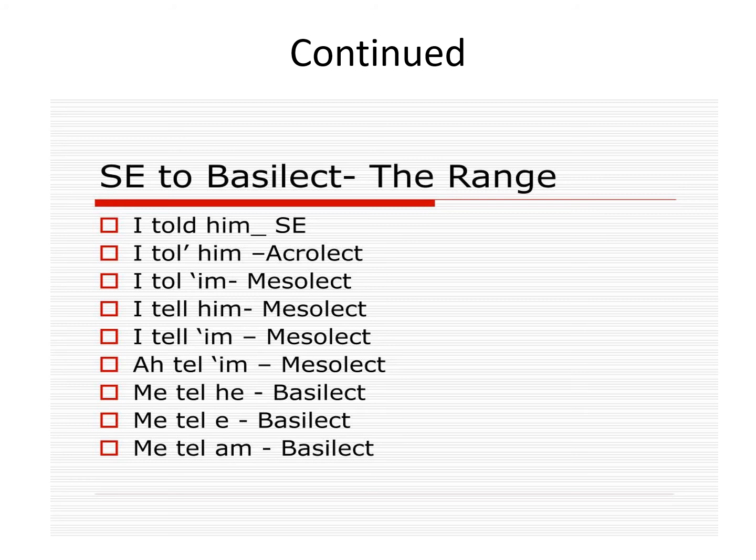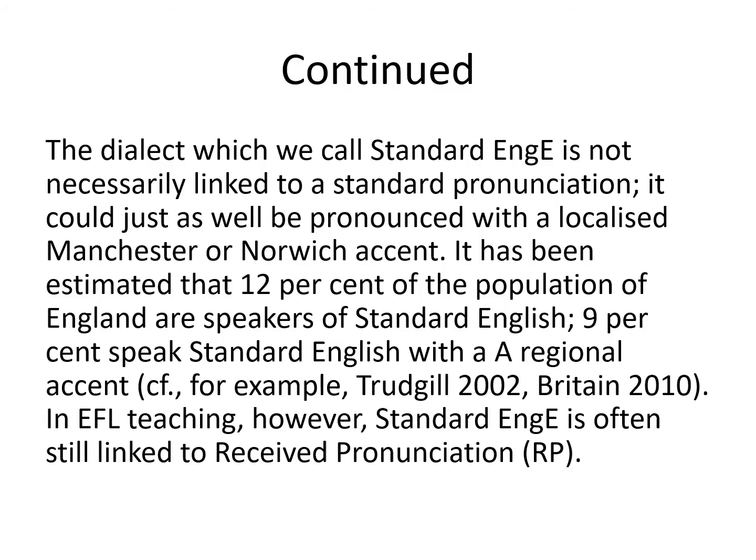This is the range showing how far a level is from standard English. The basilect is the remotest level from standard English, and the mesolect is in the middle of the accents. This is not standardized English, not basilect. This is the middle one.